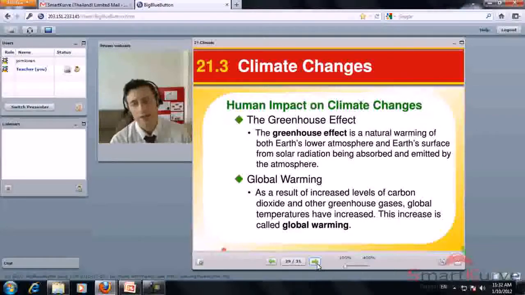The greenhouse effect is a natural warming of both Earth's lower atmosphere and the surface from solar radiation being absorbed and emitted by the atmosphere. We know that sunlight is a form of radiation. It is a form of electromagnetic radiation that comes to us from the sun.